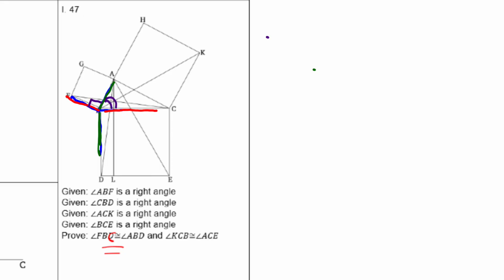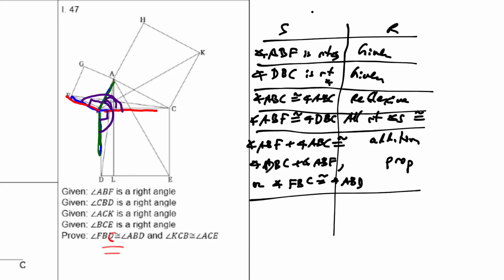So these things are both right angles, so they're 90 degrees. So this obtuse angle is 90 plus whatever angle ABC is, and this one is 90 plus whatever angle ABC is. And here's the way we're going to write that up. So we were given the 2 right angles. We have to say ABC is congruent to ABC, that angle sort of shared by both of these obtuse angles.